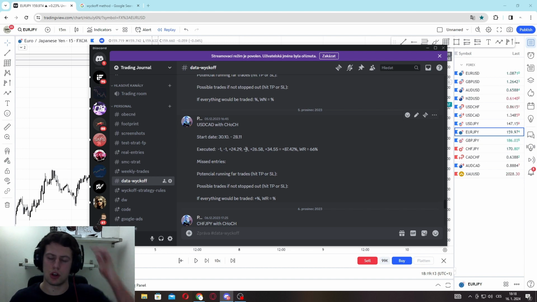So it would be just some moved stop loss, and it taps into my stop loss, but at least something: 26, 34, like on average 15 to 30 is normal, even 50 is normal. It depends, it's up to your stop loss.